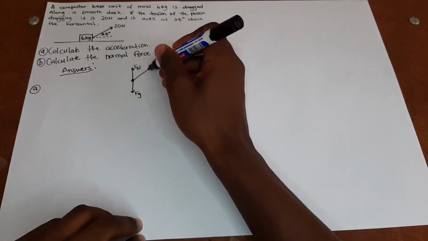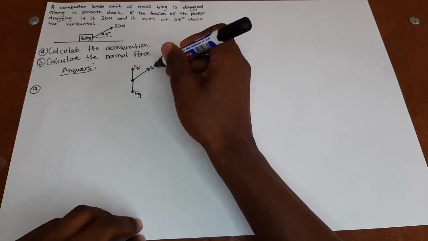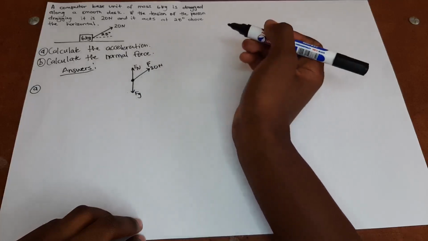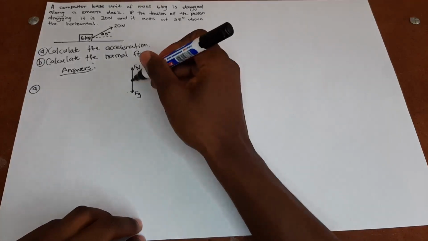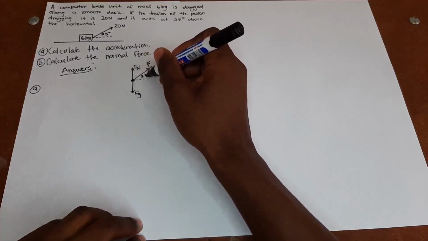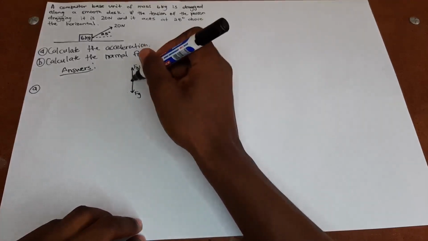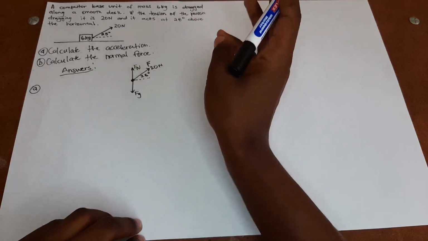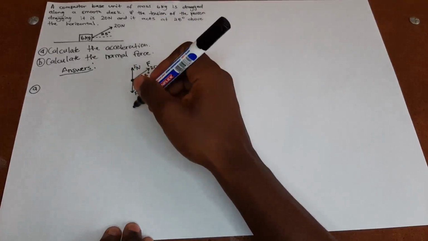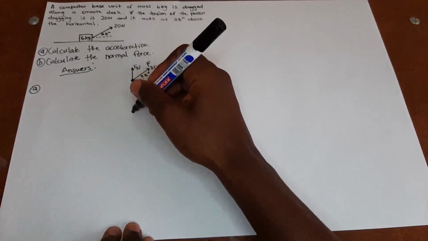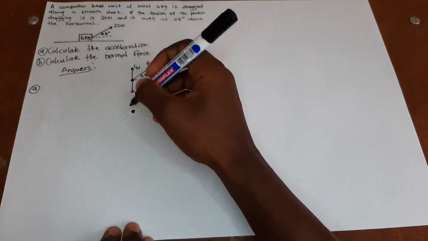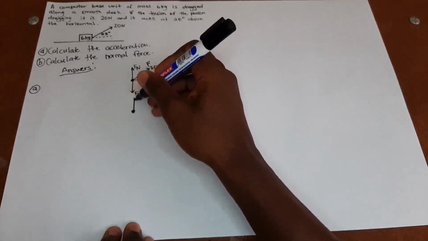We have that 20 newtons, this is our F, the force that is applied, and this is our 25 degrees. And there's no friction there. So in this case, we have to first find the x and y components. So we have our normal force.